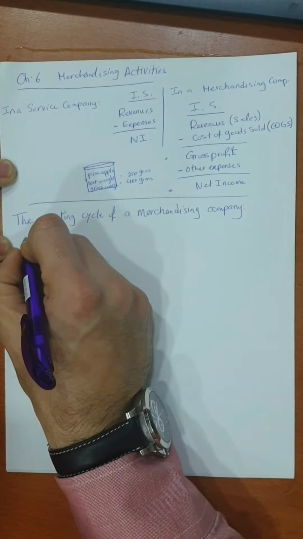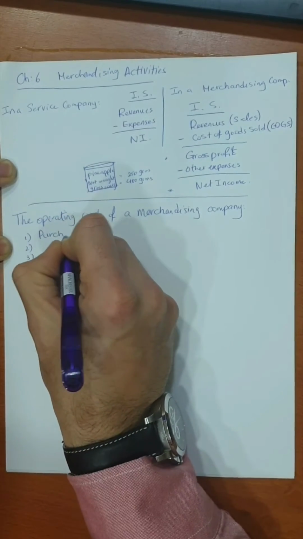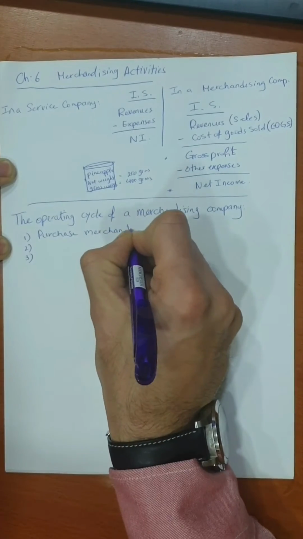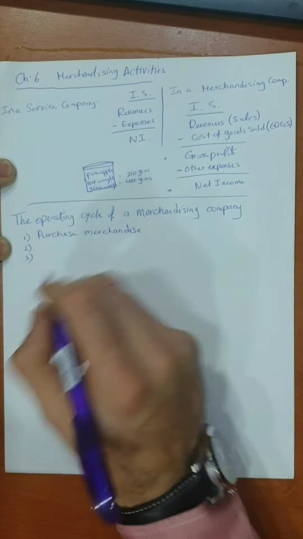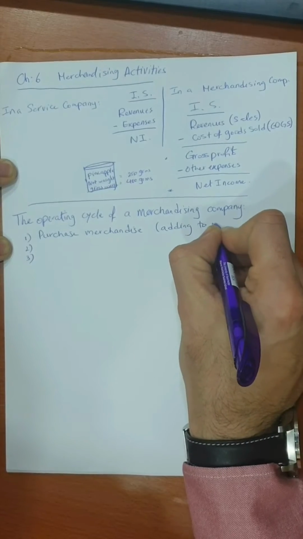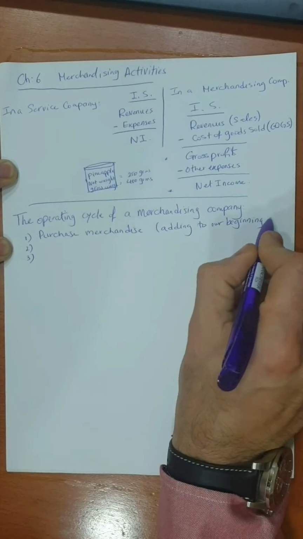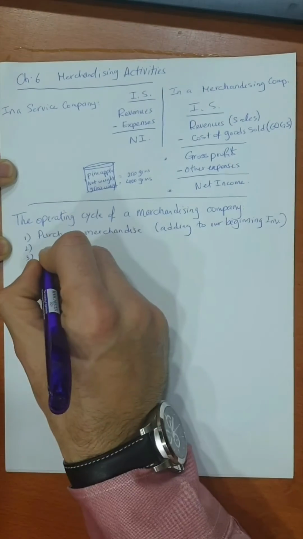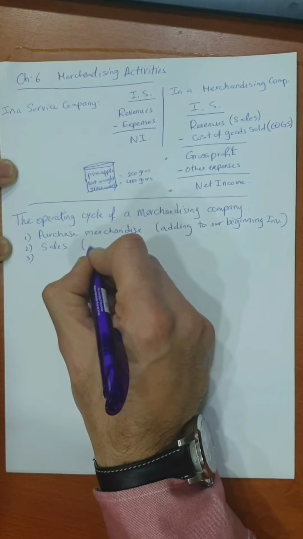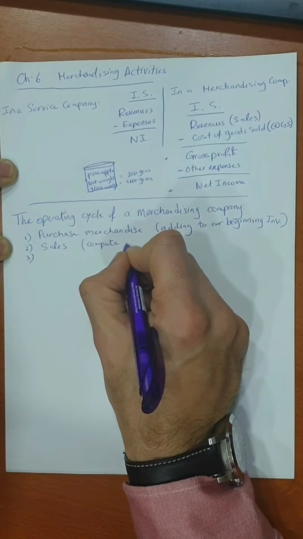The operating cycle basically has 3 main parts, where we first purchase merchandise, and in this case we are adding to our beginning inventory. Then we sell, so sales. After doing the sales, you need to compute your ending inventory.